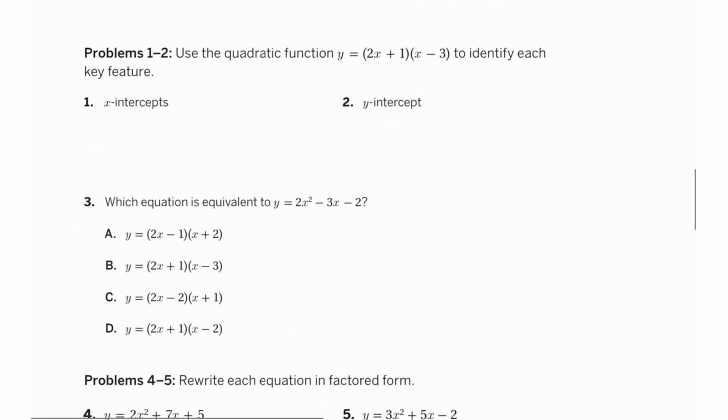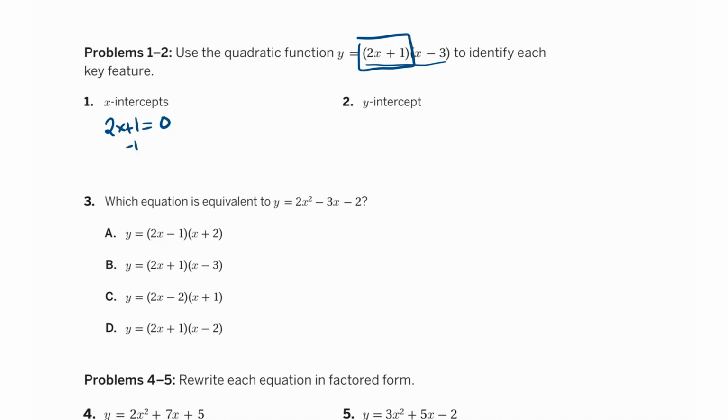For problems number 1 and 2, we're going to use the quadratic function y equals 2x plus 1 times x minus 3 to identify each of the key features. Number 1 asks us for the x-intercepts. The factored form gives us our x-intercepts by setting each of these pieces equal to 0. And when we divide by 2, we get negative 1/2.